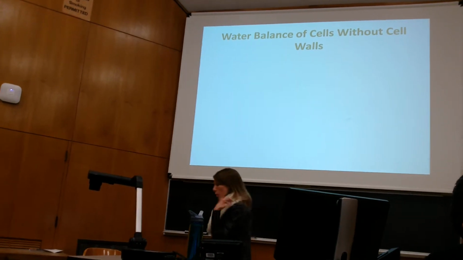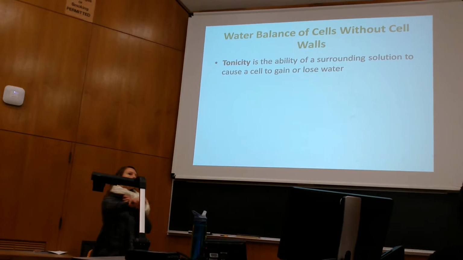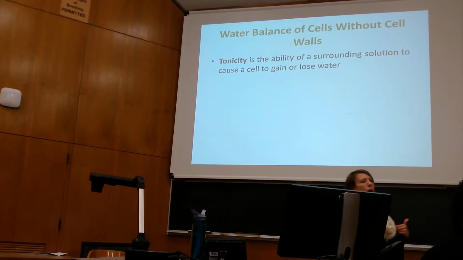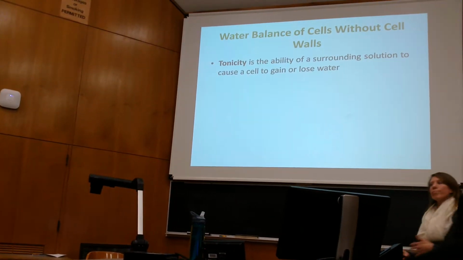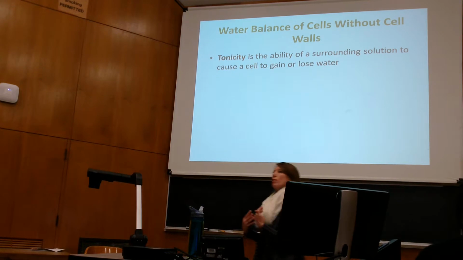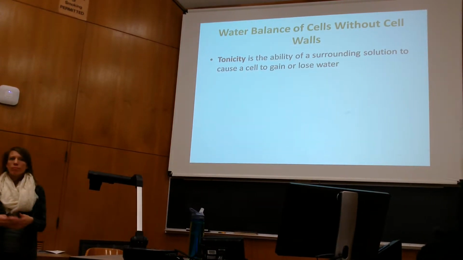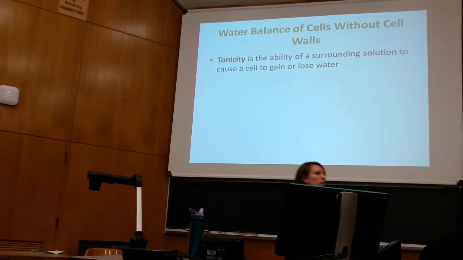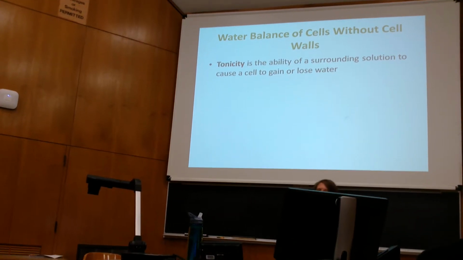So when we talk about the surrounding solution's ability to cause a cell to gain or lose water, this is called its tonicity. Okay, so tonicity is its ability, right?